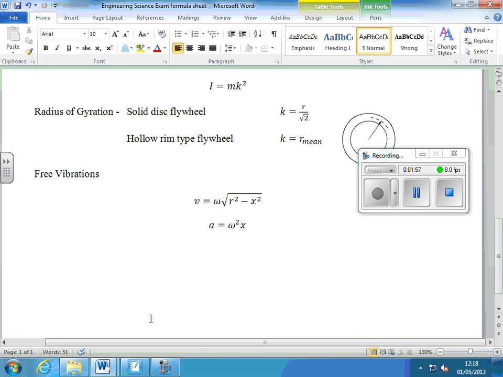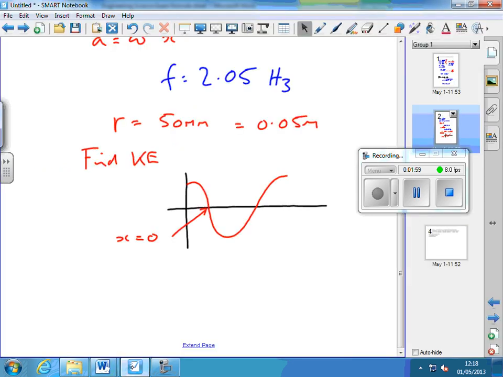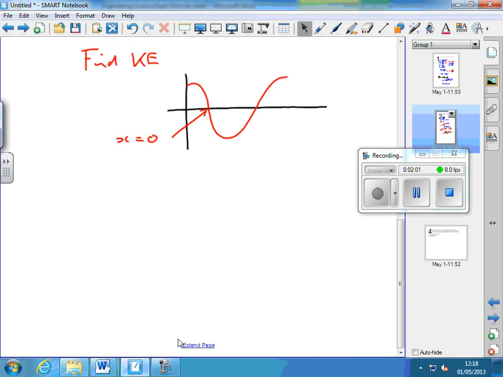In fact, V equals omega r is the formula that you need. So in this particular case, V max, the maximum velocity, equals omega r. That's a formula that you're not given, so you need to remember it, but it comes from the formula on the formula sheet where x equals 0.